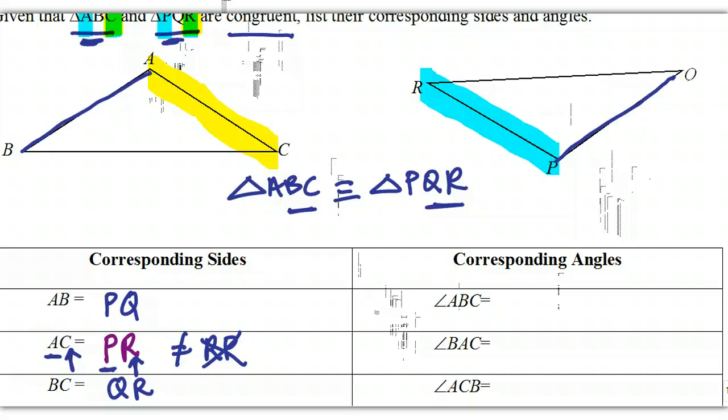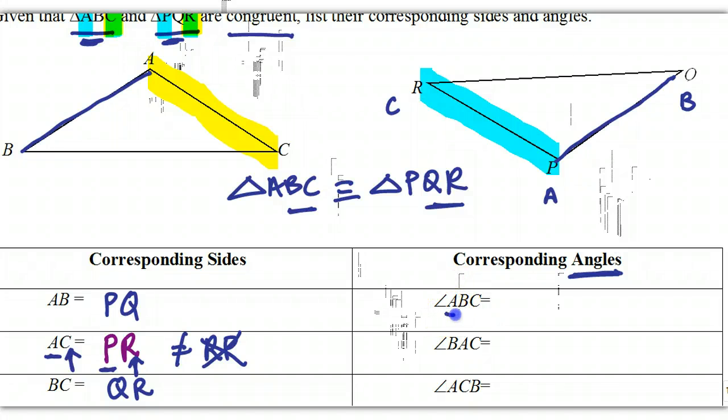Okay, so to help yourself, you can write down the second figure, because triangle ABC corresponds to triangle PQR, so I know A corresponds to P, B corresponds to Q, and C corresponds to R. This will help us when we are trying to find what are the corresponding angles. That means which are the angles that are equal. Again, the order is very important.